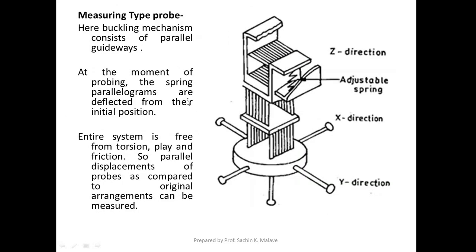Then there is one more probe which comes under the contact type probe, called a measuring type probe. You just go through this sketch. Here in this case, the buckling mechanism of this system consists of parallel guideways. You can see here, these are the probes in all three directions, x direction, y direction, and one more in z direction.